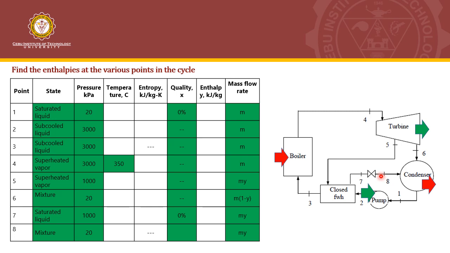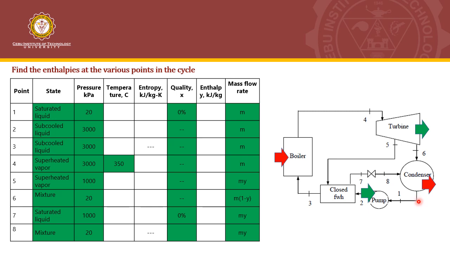They are My. So we have My for 5, My also for 7, as well as My for 8. And then this My will mix with 6, which is (1 minus y) times M. If they mix, they will become 100% M.